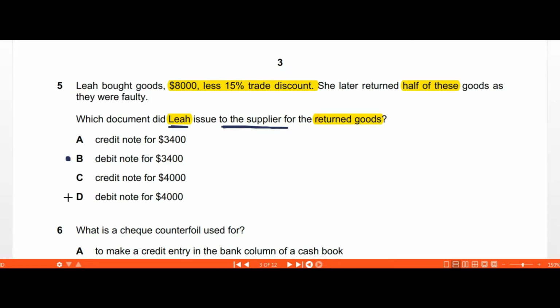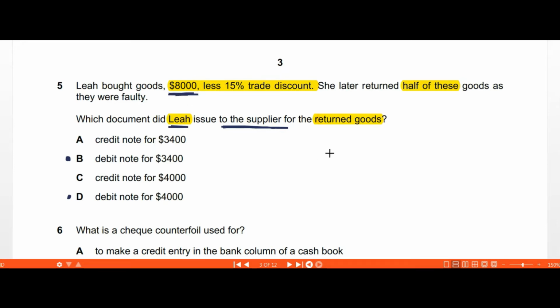So we have two options for debit note, and then she returned half of these goods, so 8000, half of that is 4000. But remember there was a 15% trade discount. Now if we take the 15% trade discount, that means 8000 was not the amount that she actually had to pay, it was only 85%.